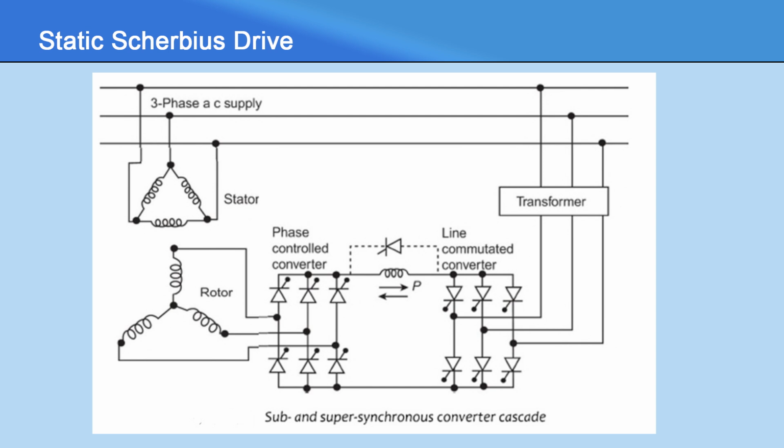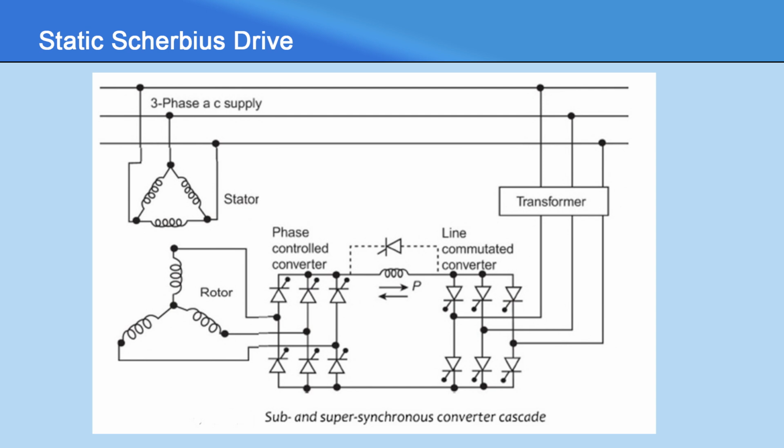In other words, bridge 1 works as rectifier and bridge 2 as line commutated inverter for subsynchronous motor control. The slip power flows from rotor circuit to bridge 1 to bridge 2, then to transformer, and then goes back to the supply.